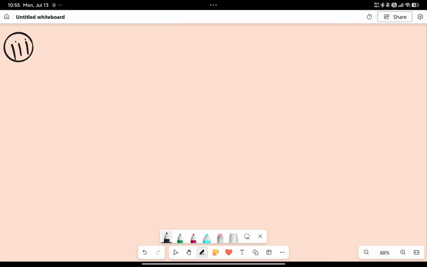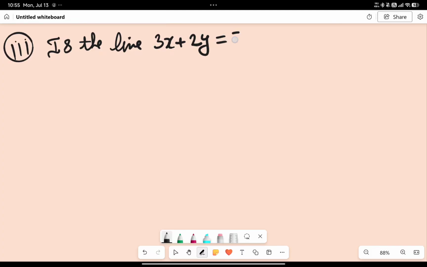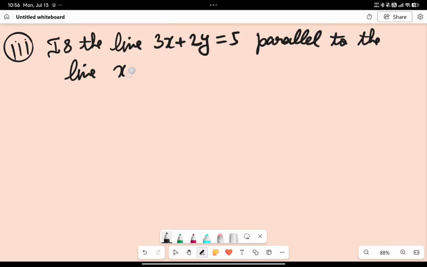So is the line 3x plus 2y equal to 5 parallel, very good, to the line x plus 2y equal to 1.